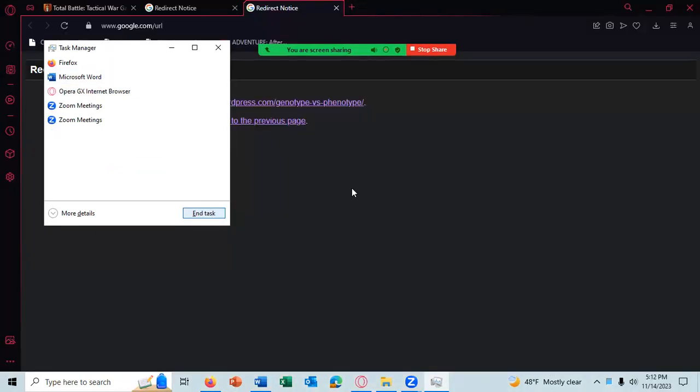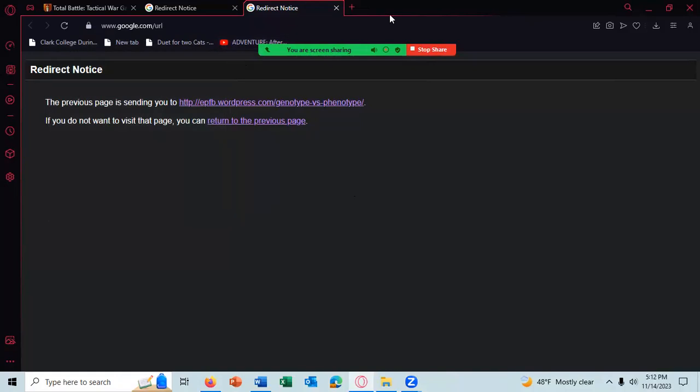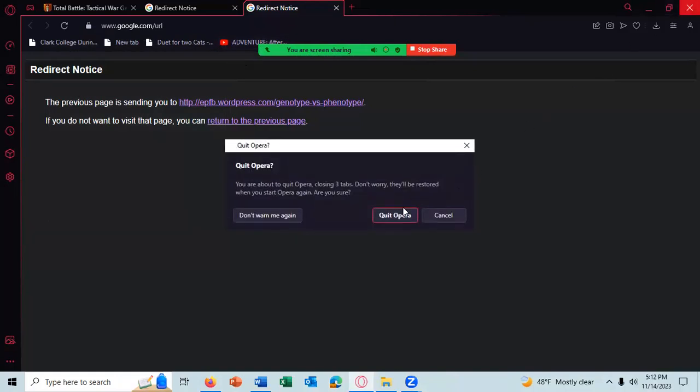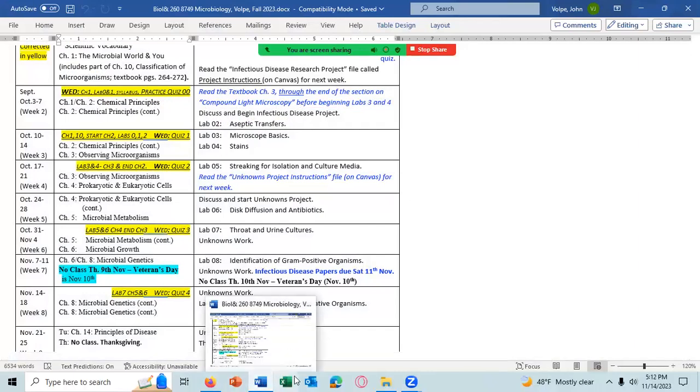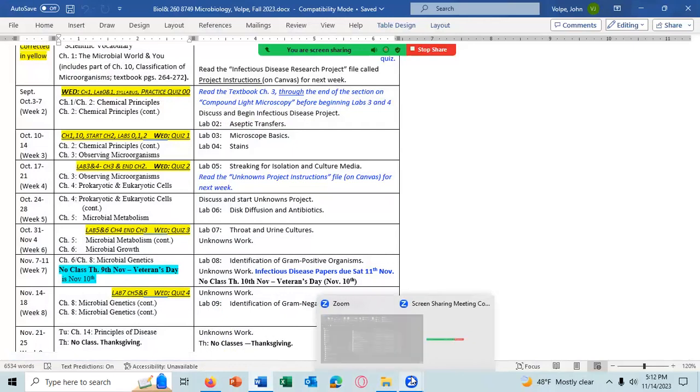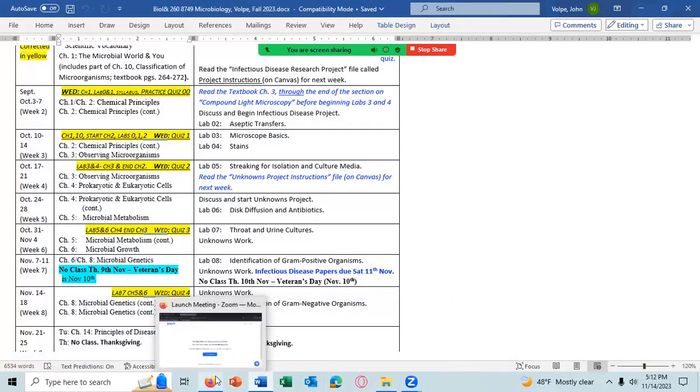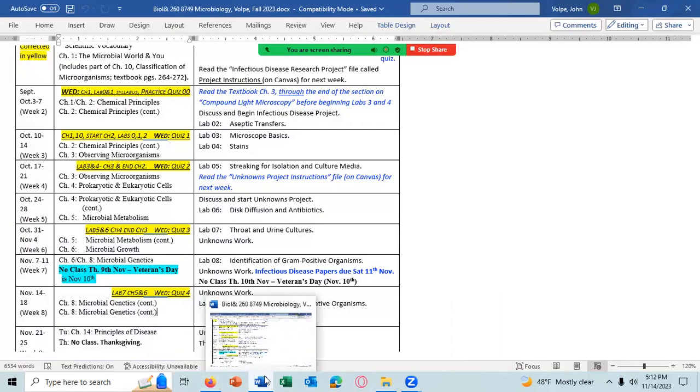It's going to force me to close that down. Why is this up here? Checking to make sure I don't have something running that I don't want running. I guess I should keep that up. All right, let's try that again.